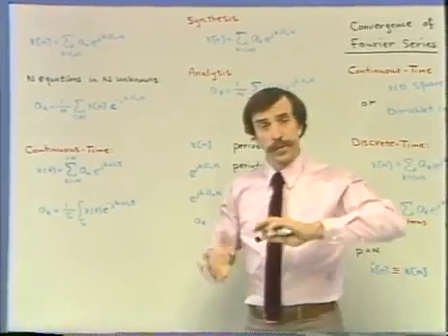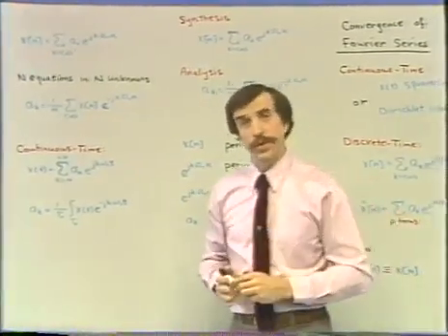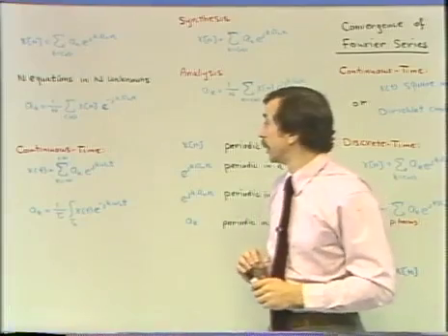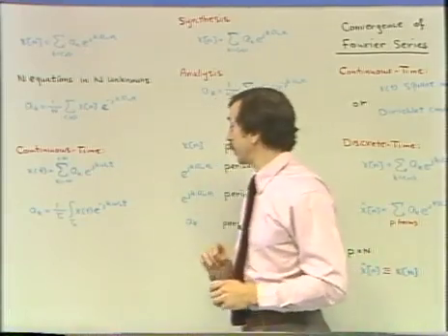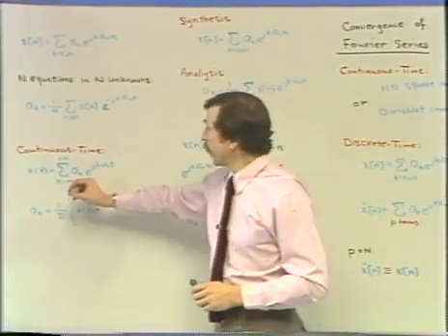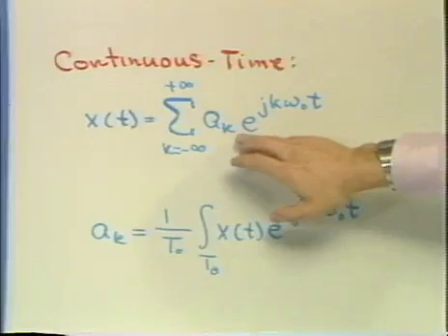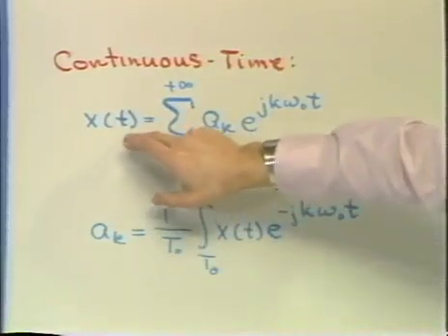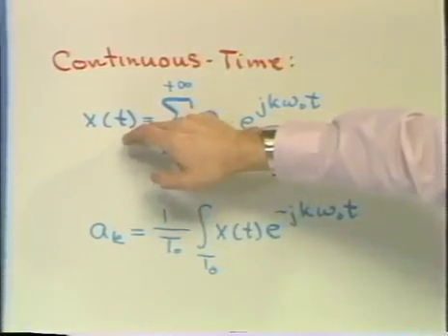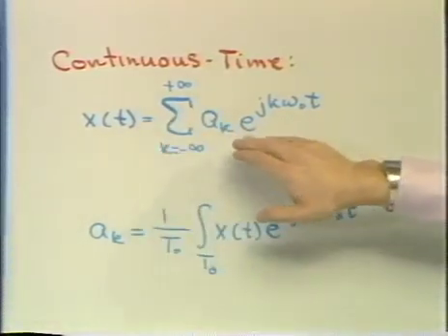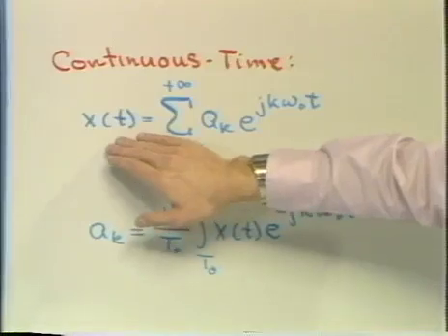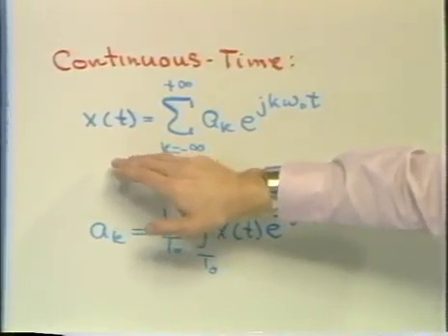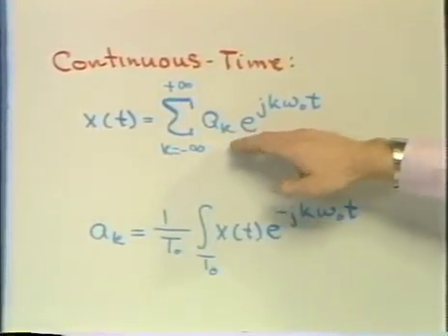Now, there is a real difference between the way those equations look and the way the continuous time Fourier series looked. In the continuous time case, let me remind you that it required an infinite number of coefficients to build up this continuous time function. And so this was not simply a matter of identifying how to invert capital N, or a finite number of equations and a finite number of unknowns.